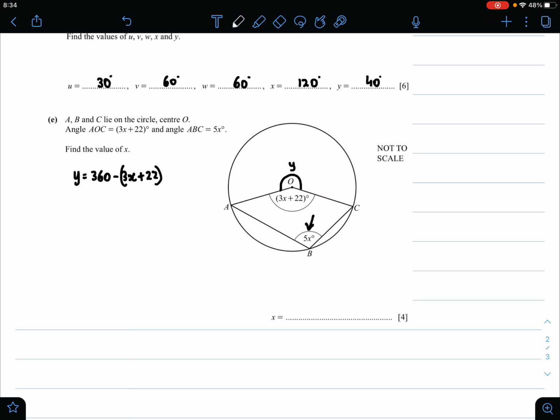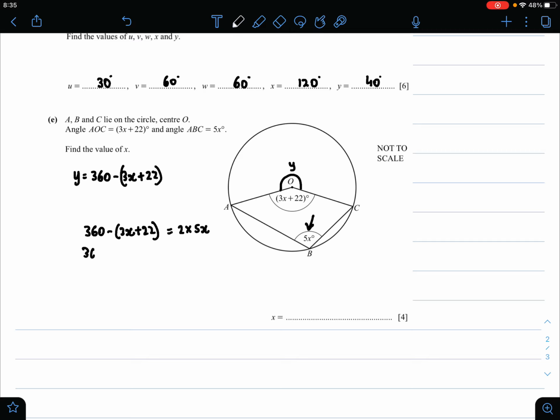Now we know that the y angle would be twice the size of the angle at the circumference, that is 5x in this case. So we can equate both the angles. So 360 minus 3x plus 22 is equal to 2 times the angle at the circumference, so 2 times 5x. Now all we need to do is solve for x.